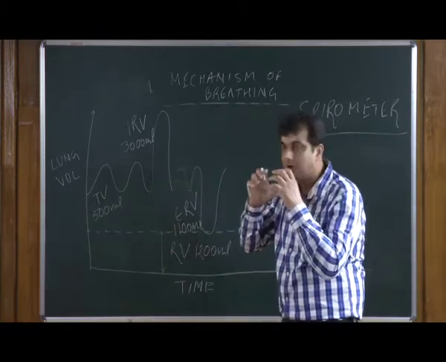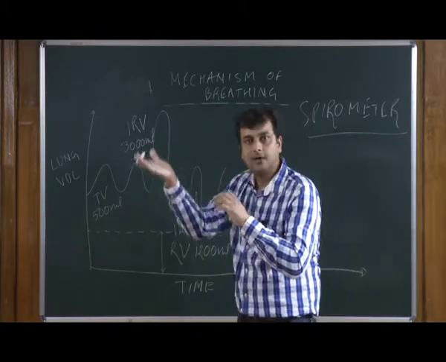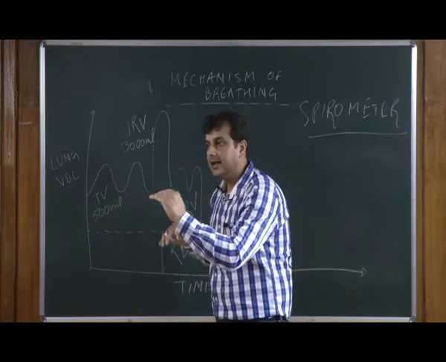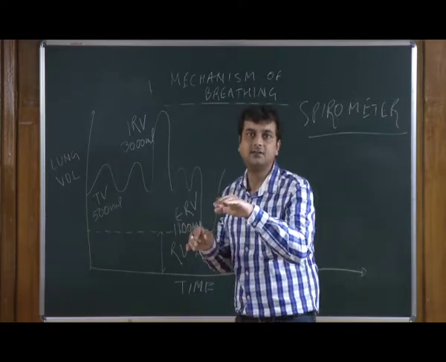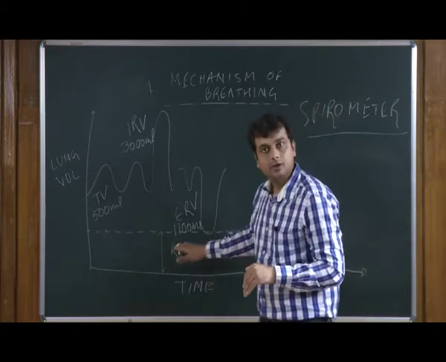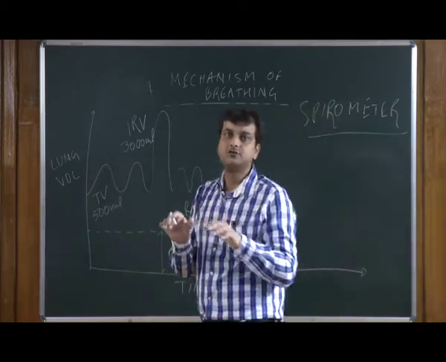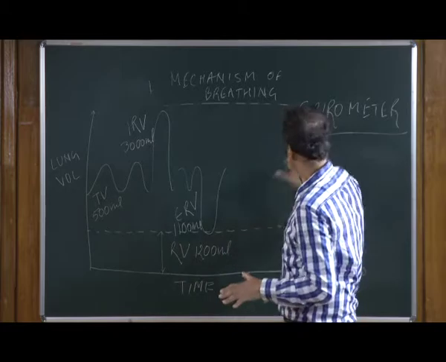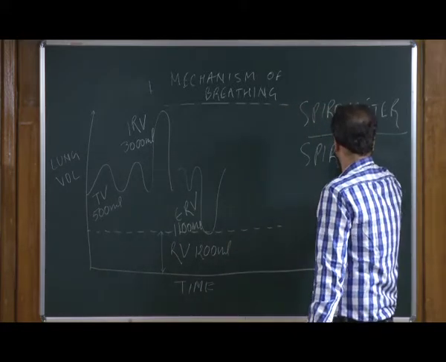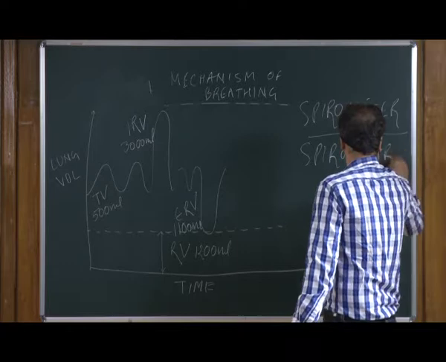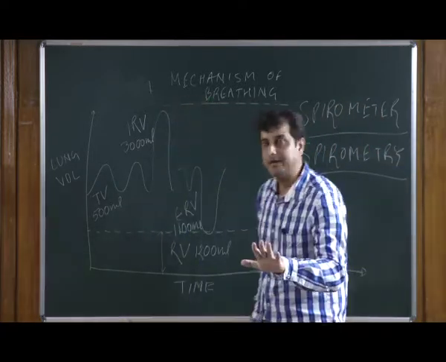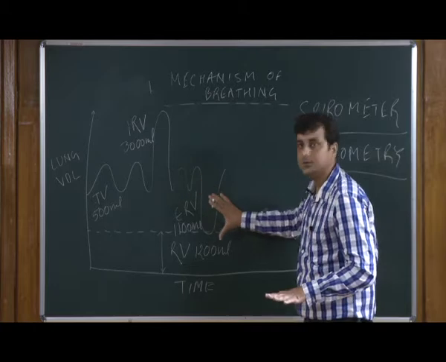Once you blow the air, the oxygen tank will float based on the volume you are blowing inside, and then there will be a graphical representation on the sheet which will give you a complete volume picture. The technique is called spirometry, and the instrument is called a spirometer, which is generally used to do this volume calculation.